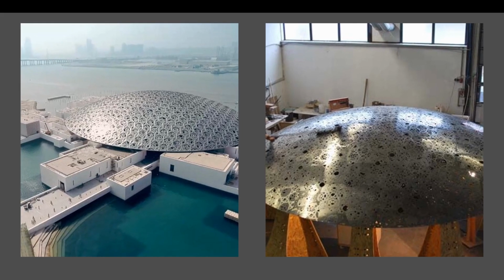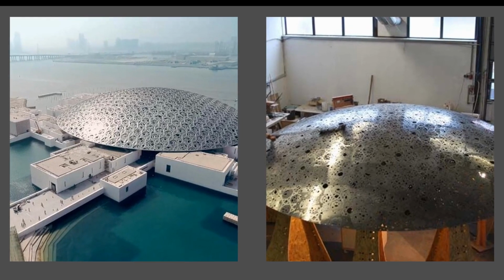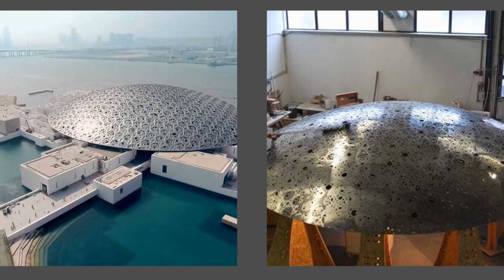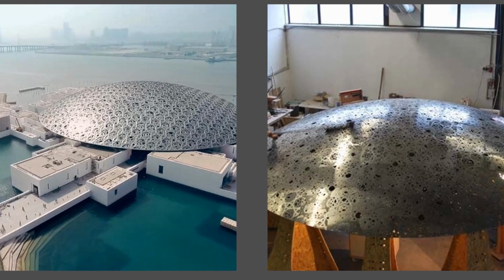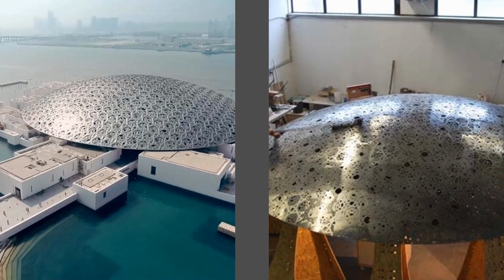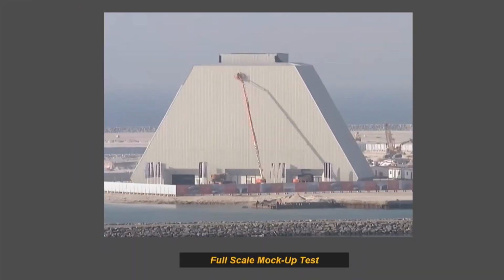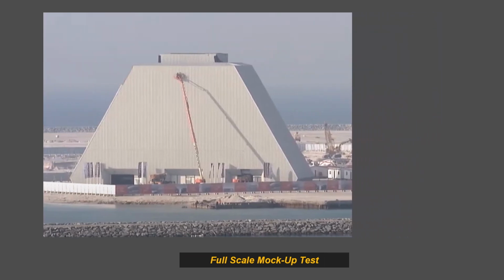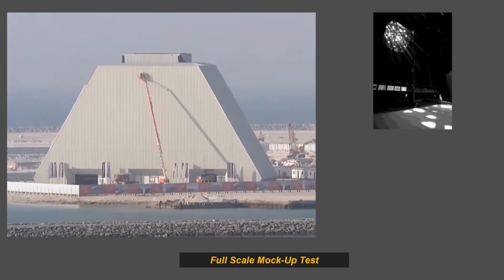The process of fabricating large models to represent geometric patterns is important in developing efficient, practical, and viable solutions for their construction. The full-scale mock-up test was carried out through the large-scale mock-up tests.